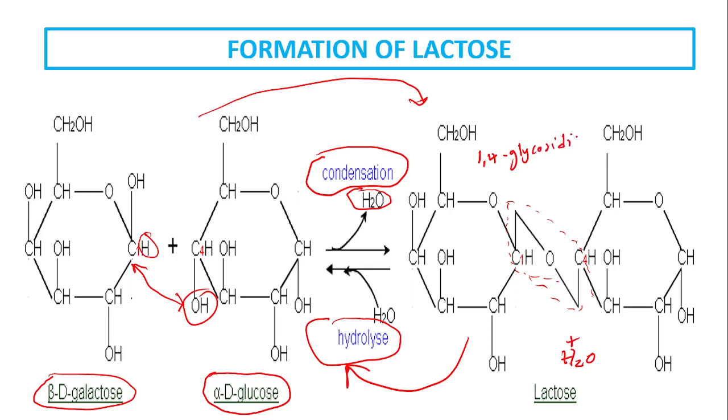Take note of the 1,4. Those are important because they'll ask you what type of bond is in lactose. So you should be able to say that it is a 1,4 glycosidic bond.